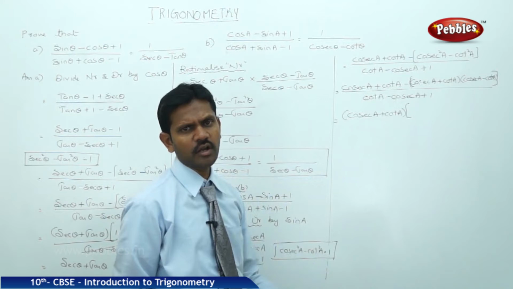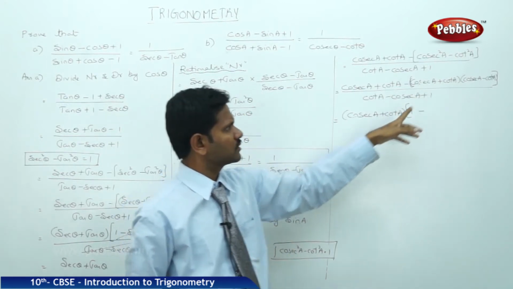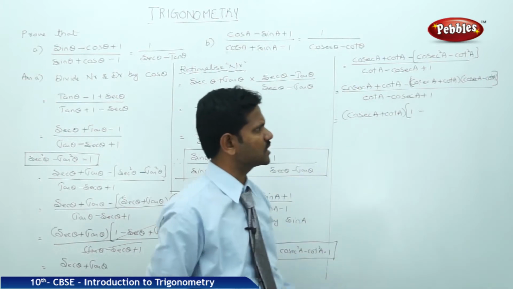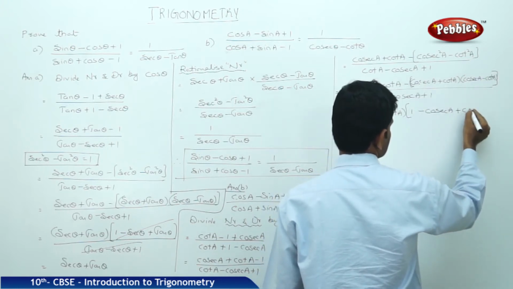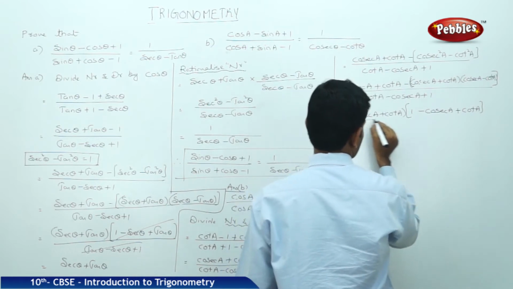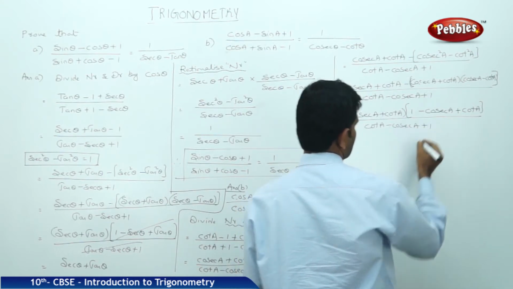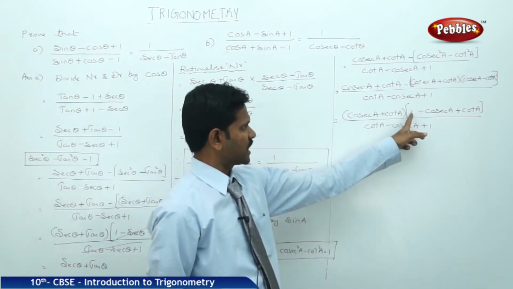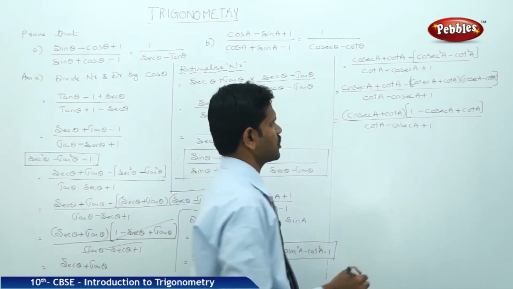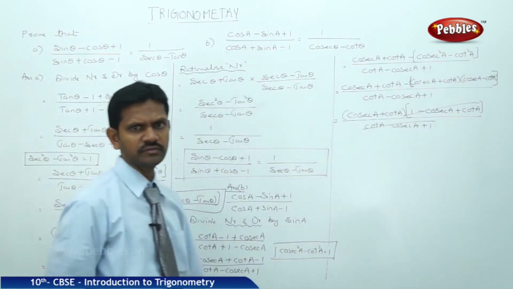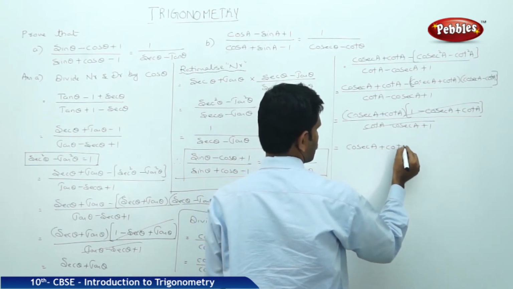If you take cosec A plus cot A common, 1 minus this part you collected as a common, then the next part will be affected with this minus, that is minus cosec A minus into minus plus cot A, by cot A minus cosec A plus 1, plus 1 plus 1 minus cosec A minus cosec A plus cot A plus cot A, both the parts are cancelled, that is equal to cosec A plus cot A is left.